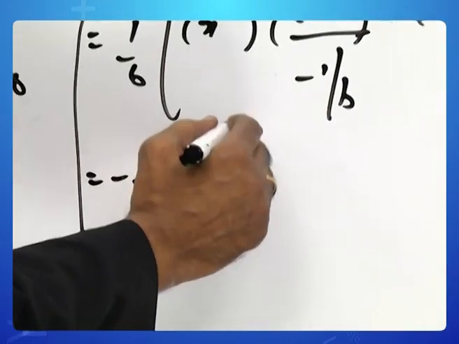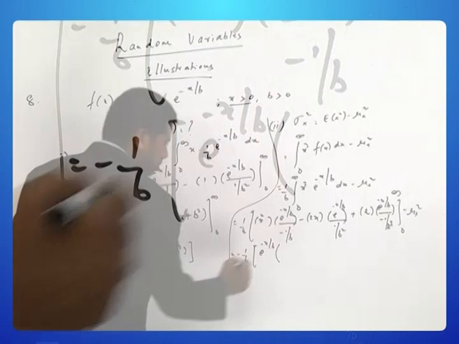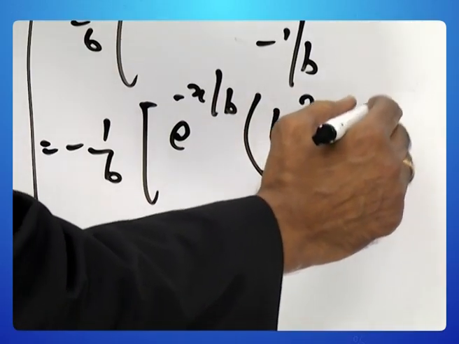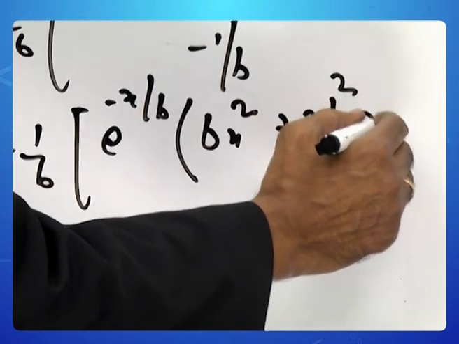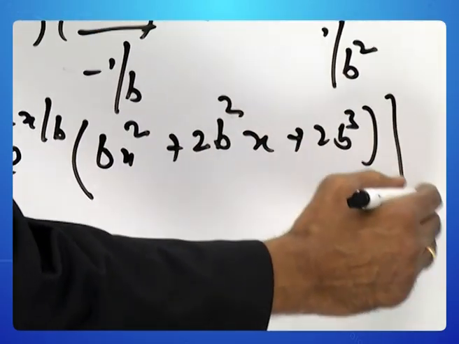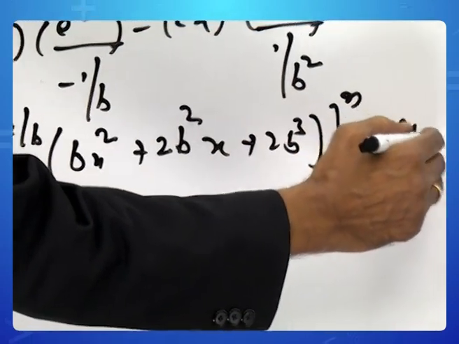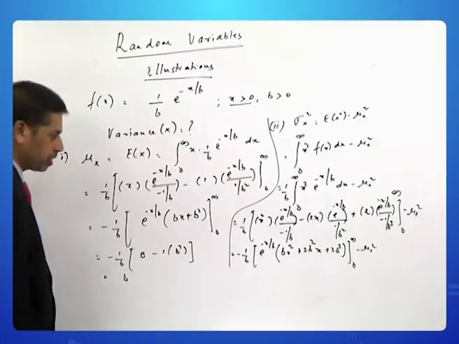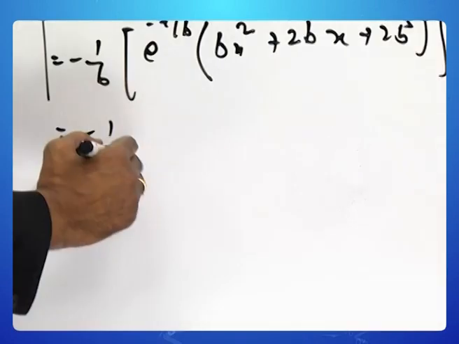We'll take e power minus x by b common in all the terms. So we'll have bx squared plus 2b square x plus 2b cube, minus square of the mean. Calculations become very simple now because of the upper limit.